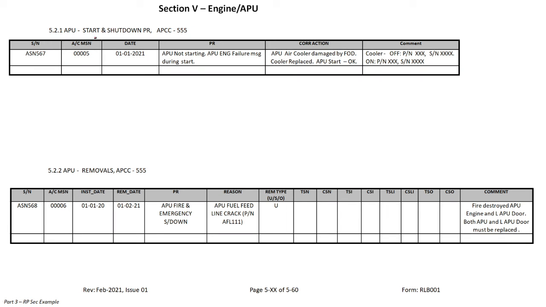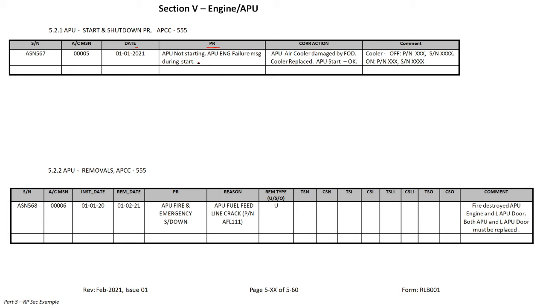Number one subject, definitely, is all about start and auto shutdown. What we have here, on the left side: APU serial number, aircraft manufacturer serial number, date, problem reported: APU not starting, APU engine failure message during start.